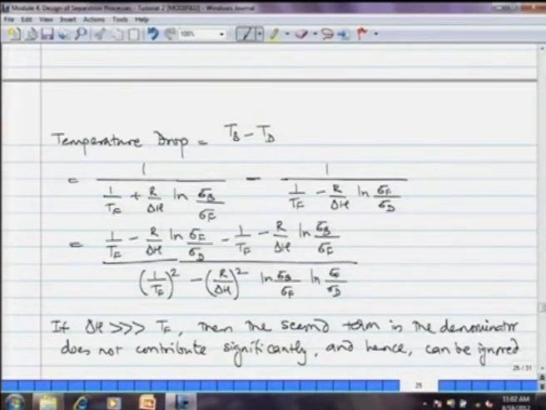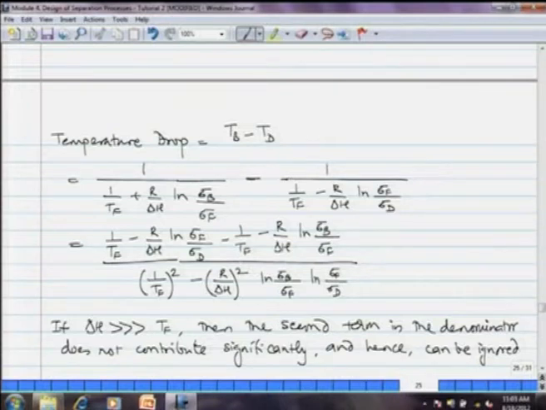We now substitute the values of Tb and Td that we derived just now: 1 divided by Tf plus R by delta H into ln sigma B by sigma F, minus the expression for Td, 1 divided by Tf minus R by delta H into ln sigma F by sigma D, and then we do the cross summation.